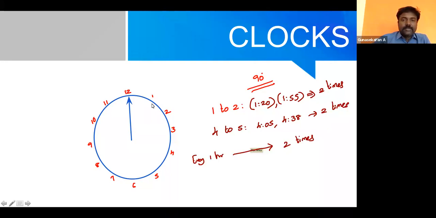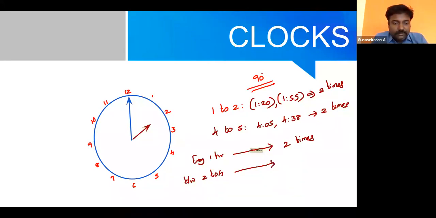Now the time is 2. Between 2 to 4. Do the rotation for 2 hours. At what time does the situation happen between 2 to 4? Tell me the timings.